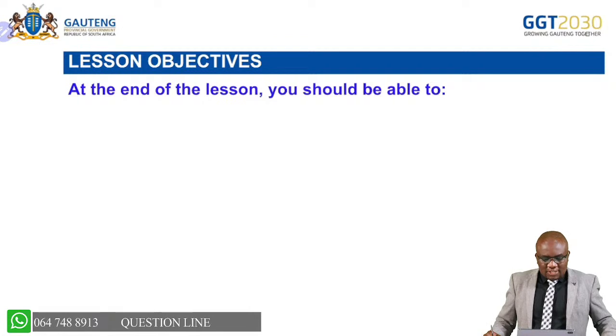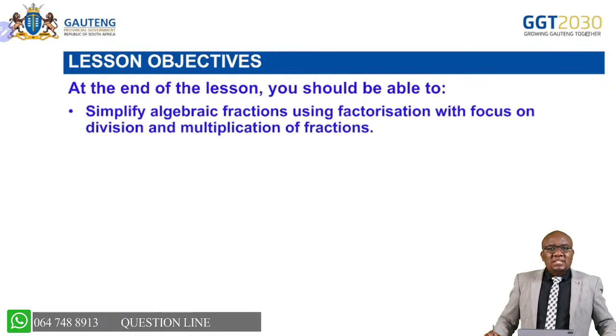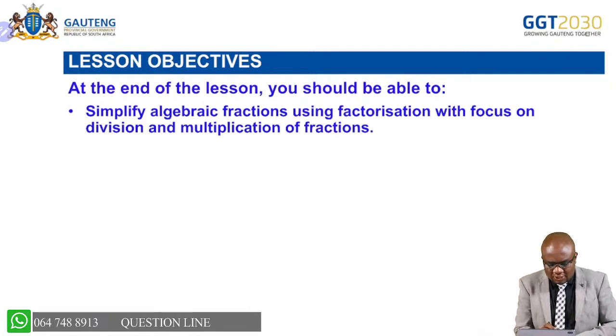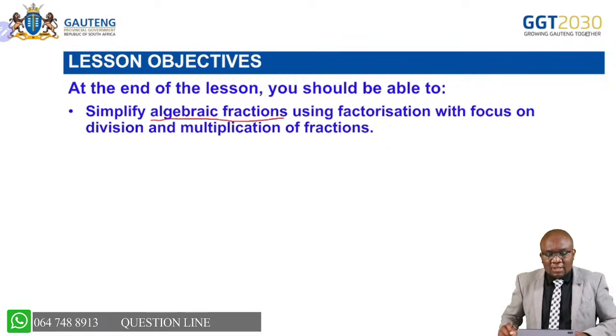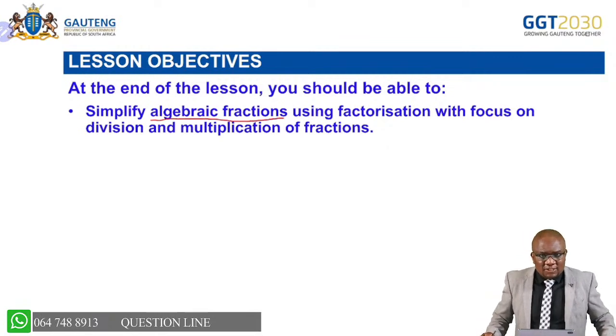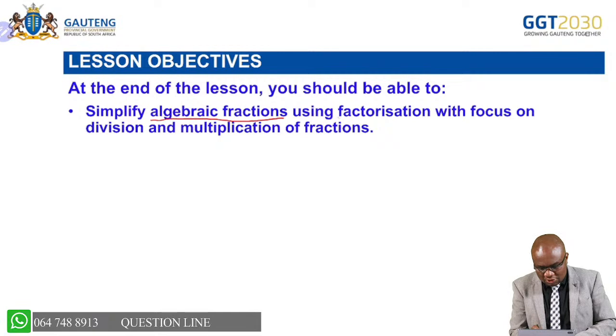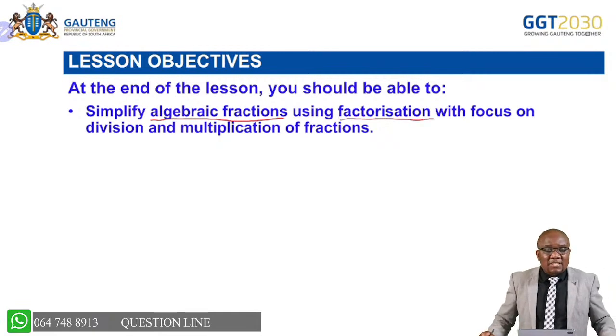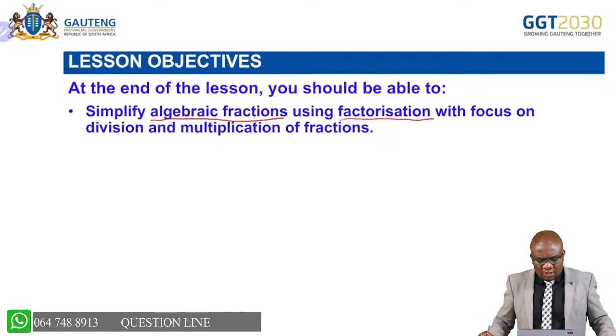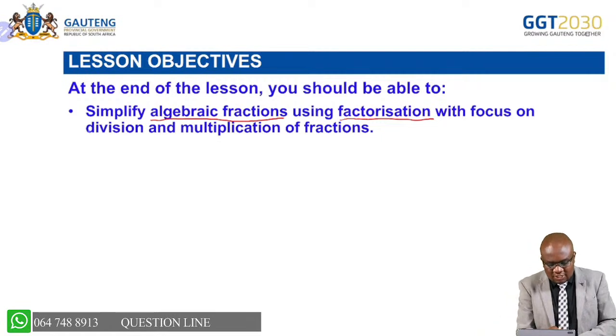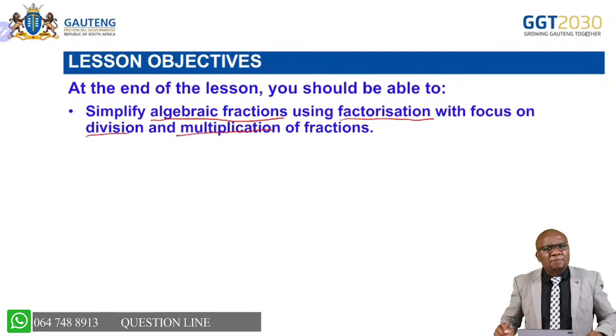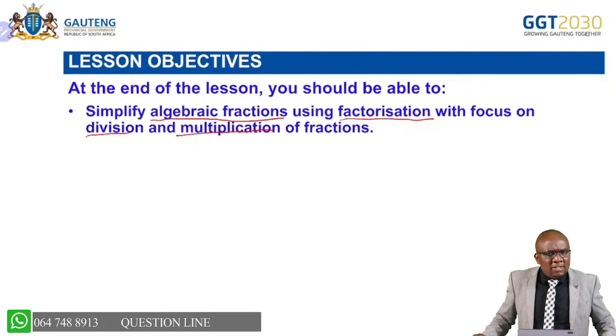At the end of the lesson, you should be able to simplify algebraic fractions using factorization. Do you see that? When did you do factorization? We did it in the previous lesson, also in grade 8 and 9, with focus on division and multiplication. Is it going to be different from the way we multiply and divide numerical fractions?